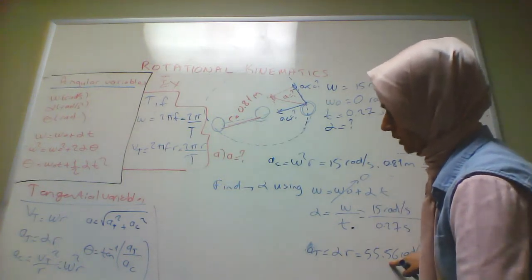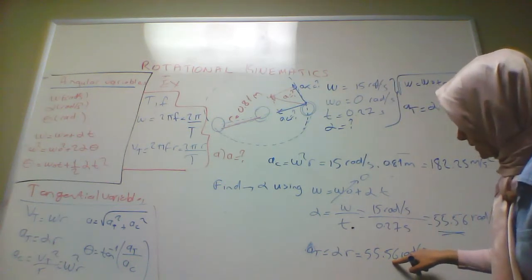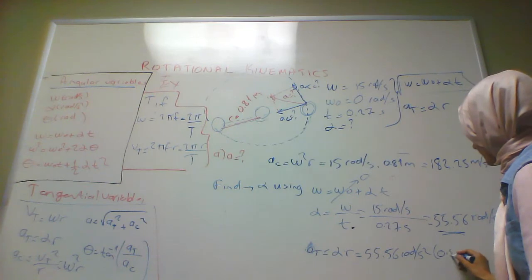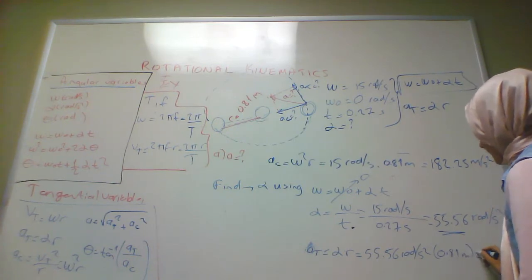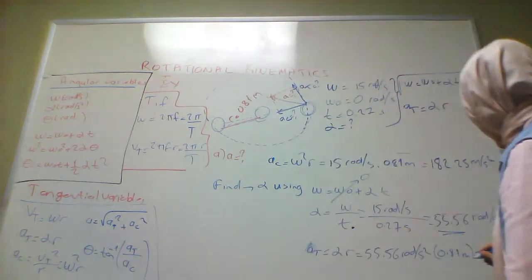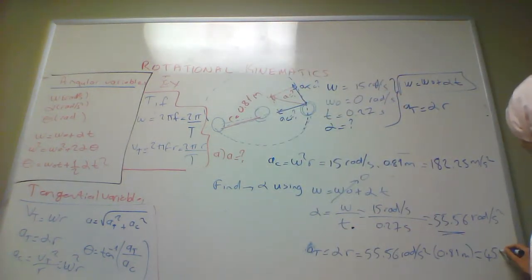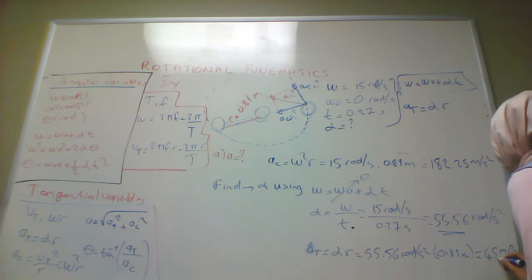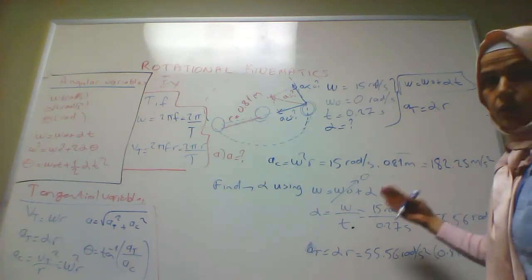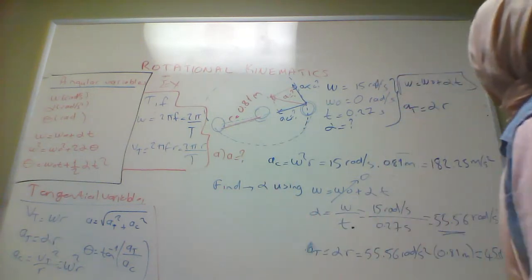All acceptable, all perfectly correct. 0.6 times R, 0.81 meters. From here, AT should be 45 meters per second squared, 45.0 I have there. Please calculate and make sure that these calculations are correct. Also will be a good practice for you.